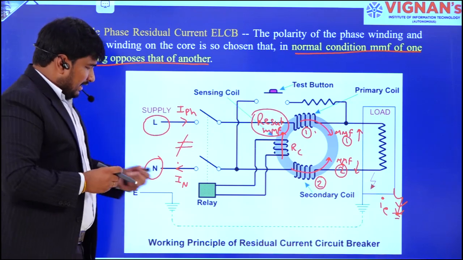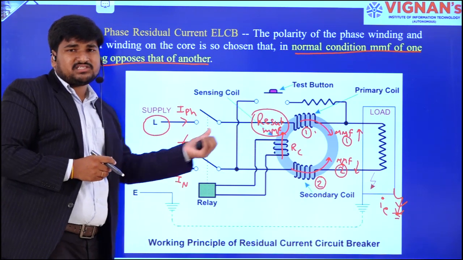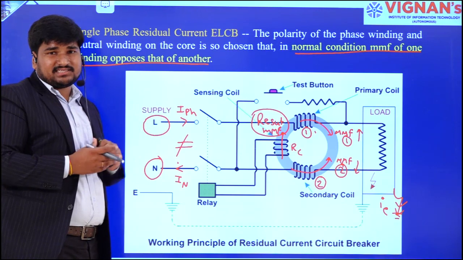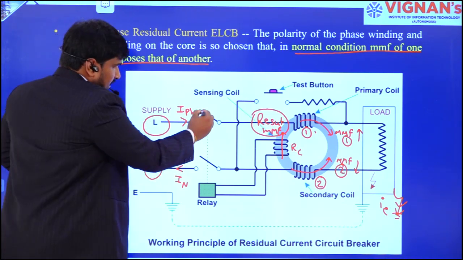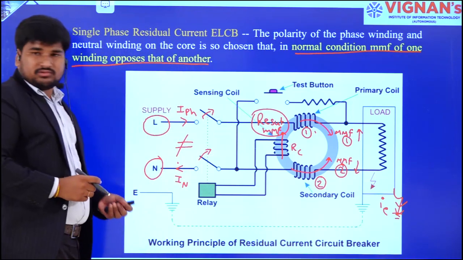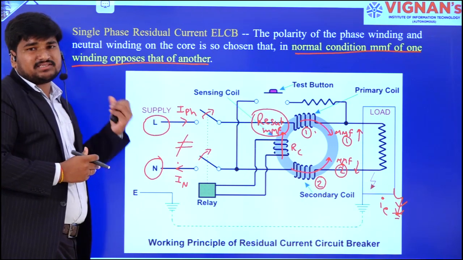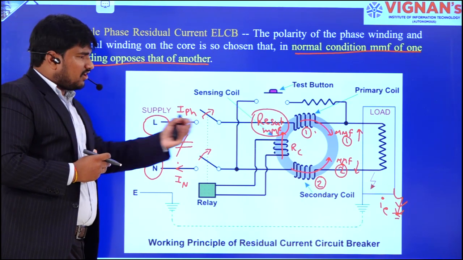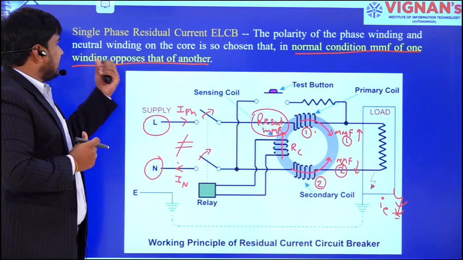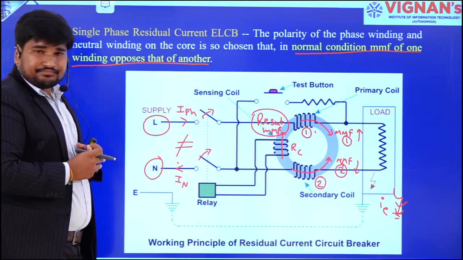Because of this EMF, it will trip the signal, so the relay will open circuit the terminals of this equipment. So this is the basic principle of the residual current circuit breaker.